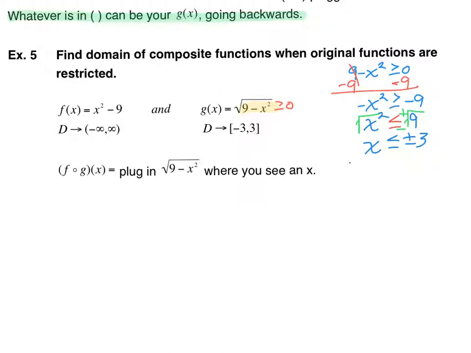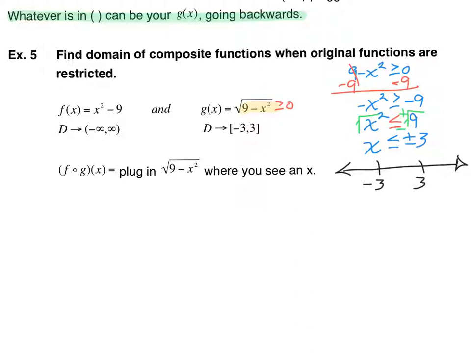For a lot of you, that's going to be difficult to figure out: how do I get this set notation? So take your boundary points, and positive and negative 3 are your boundary points. Put them on a number line. To figure out what it should be, we're going to take some test points. We're going to choose a value in between negative 3 and 3 and test it in here to see if it's true or false. Take a value here and a value here.